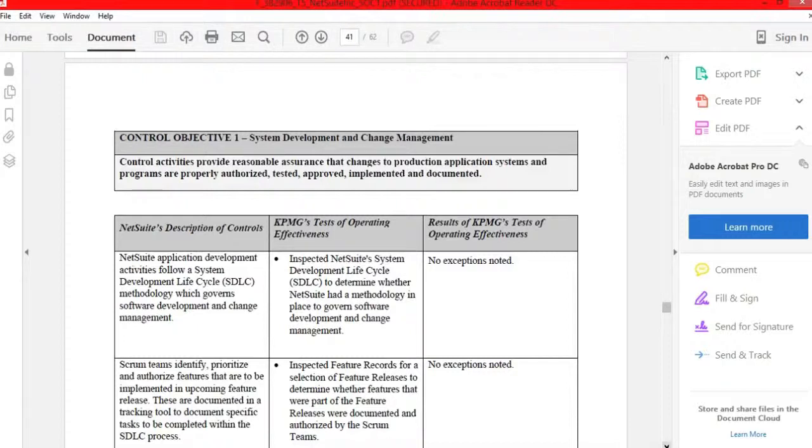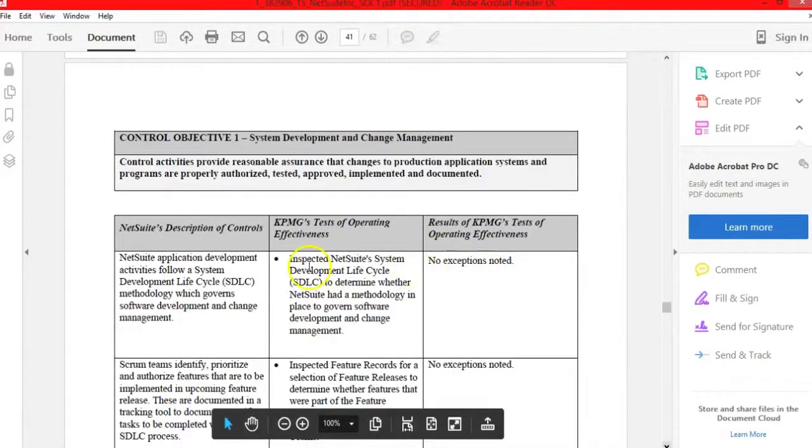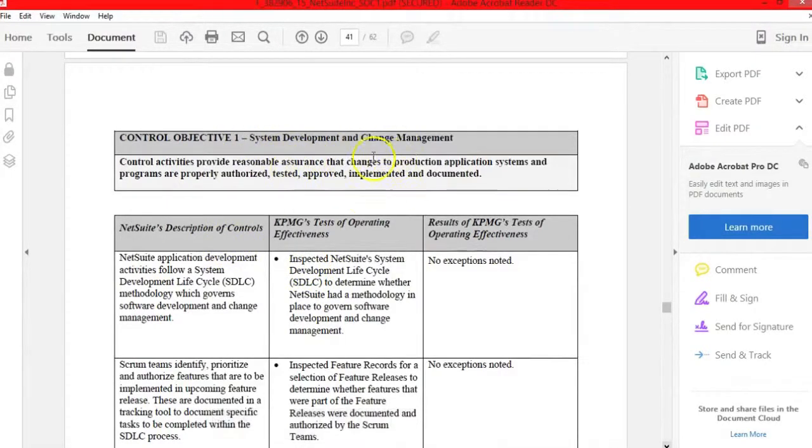The way I review this is, because I've seen so many of these SOC 1 reports, I typically skip the system development objectives and what they do, and just scan through. They have their objectives here, this is the control they have in place, and these are the specific descriptions of the controls.